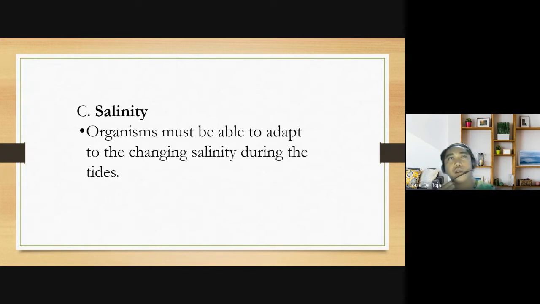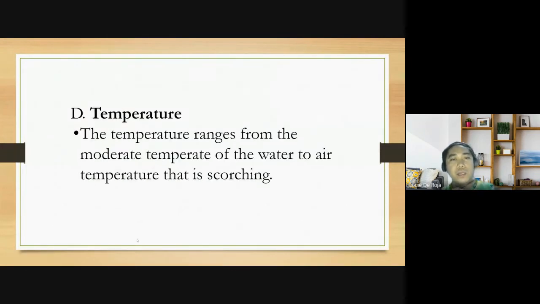Siyempre, yung salt content noon, yung salinity, kinakailangan mag-adapt yung organism. Next is temperature. Temperature ranges from the moderate temperature of the water to air temperature that is scorching. Diba? So, kung nag-a-adapt sila doon sa malamig na temperature, kapag low tide naman, mainit na temperature.